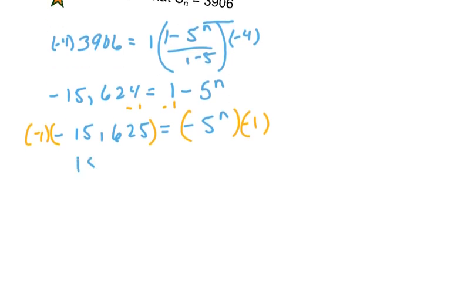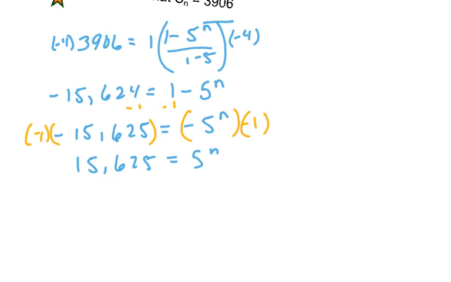And then it gives us a positive 15,625 equaling a positive 5 to the n, which is good, because when we want to solve for a variable in the exponent, we need to use logs. So I have a constant on one side and an exponential on the other side.